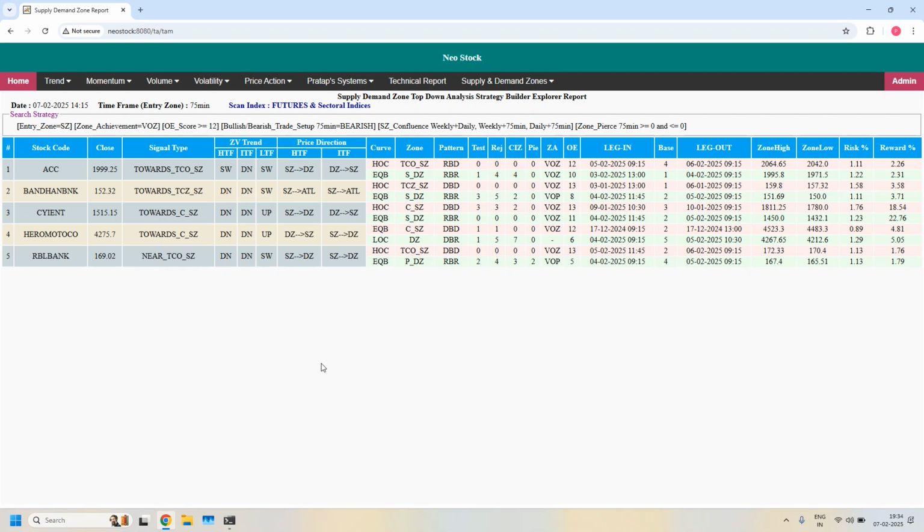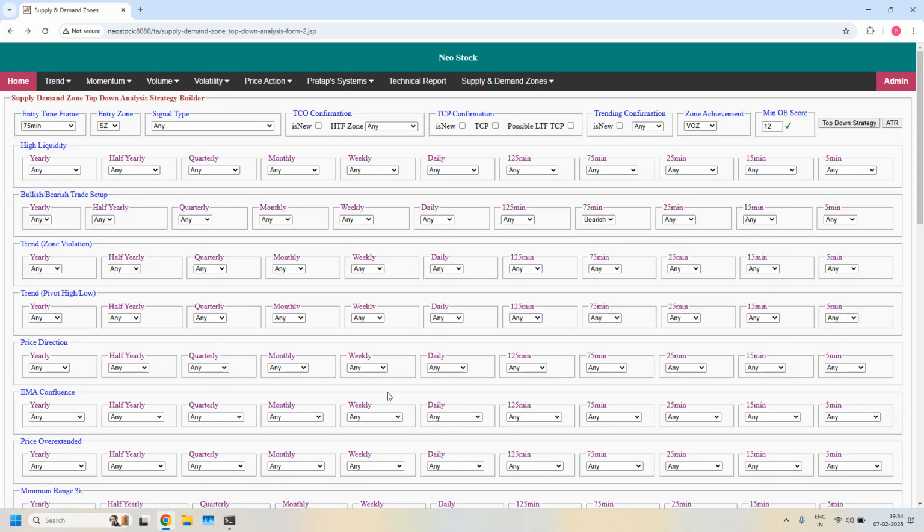So let us look for the weekly supply zone with weekly EMA confluence. Our 75 minute supply zone is inside the weekly supply zone or overlapped with it. So in the EMA confluence, weekly time frame, I am setting the filter weekly supply zone having weekly EMA confluence, and the trend on the weekly time frame should not be sideways, it should be downtrend because it is a bearish trade setup.